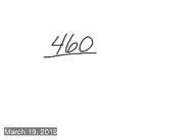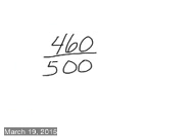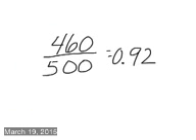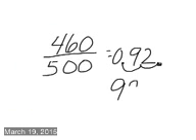How many people did they survey? 500. What's 460 divided by 500? Okay, it comes out as 0.92, and if I move it 2 spots over, I get 92%.